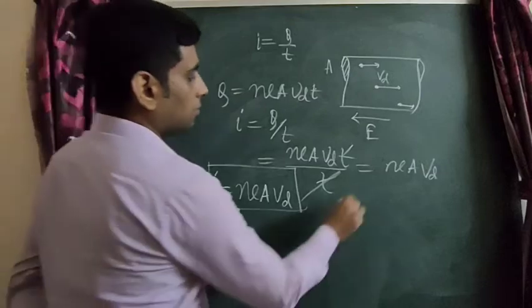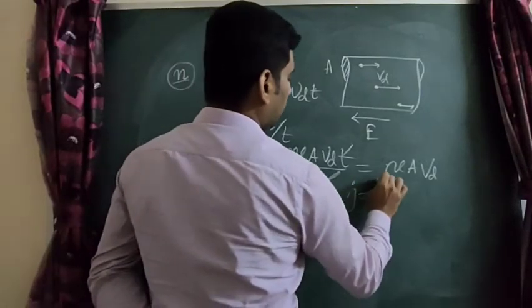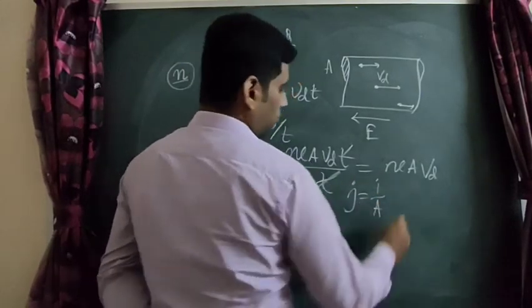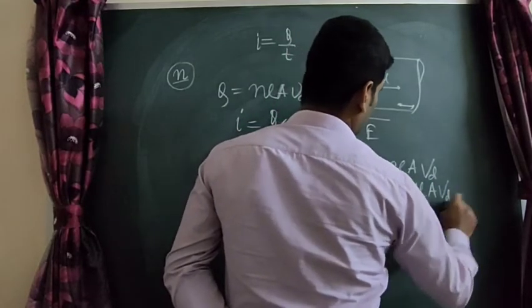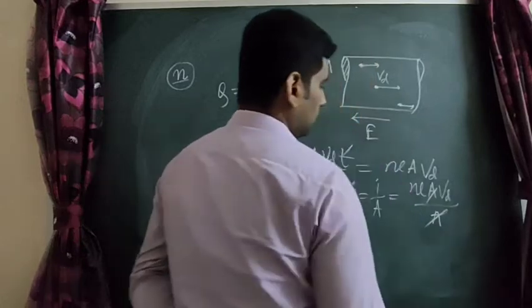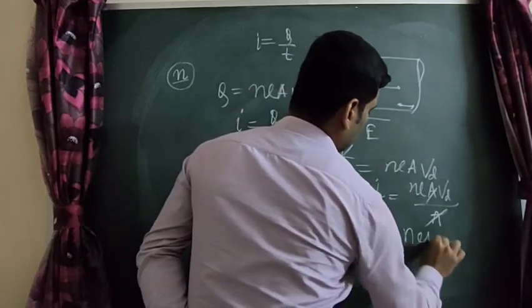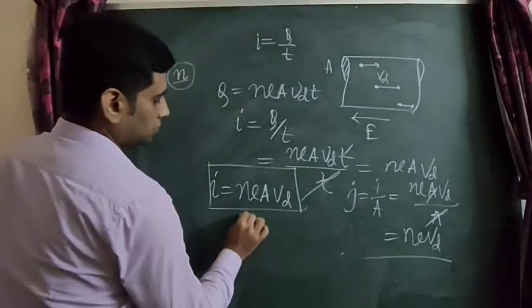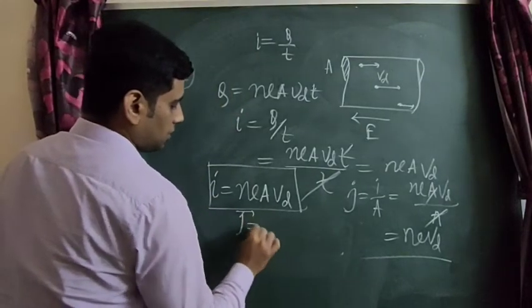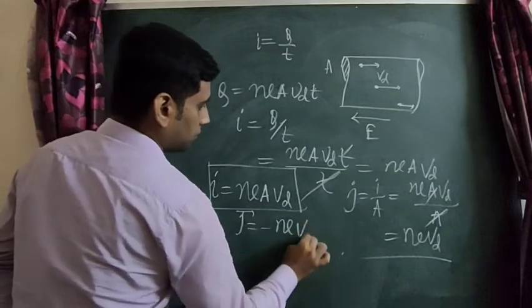From this, if we talk about current density, J equals I by A. So what we get? n into e into A into Vd divided by A. So n into e into Vd. But if we want to write it in vector form, J vector equals minus n e Vd.